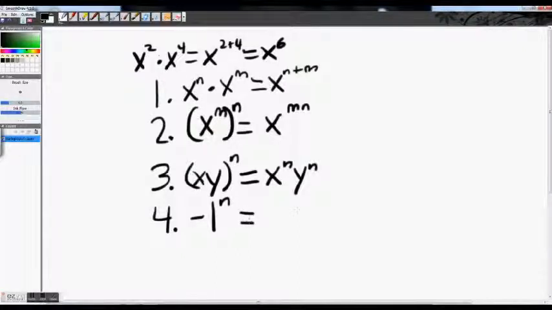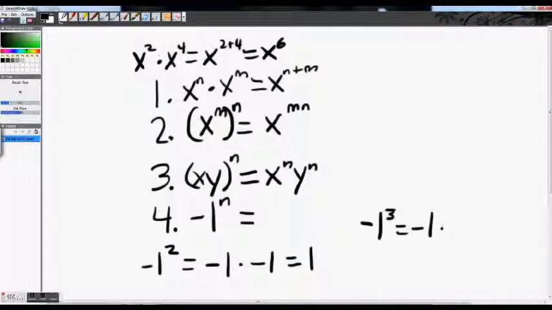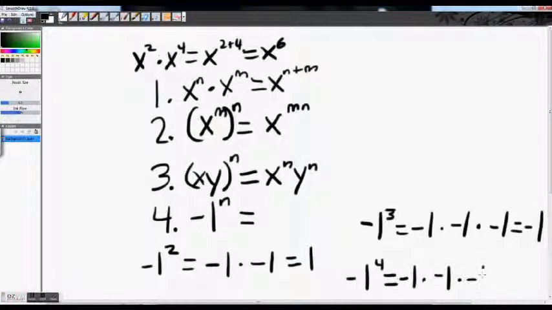When we multiply a negative number by a negative number, we get a positive number. For example, negative 1 squared will be 1. However, when we take negative 1 and raise it to the third power, we get that 1, and then multiply by another negative 1, and we get negative 1. And when we raise it to the fourth, we have negative 1 times negative 1 times negative 1 times negative 1, and we get 1 again.